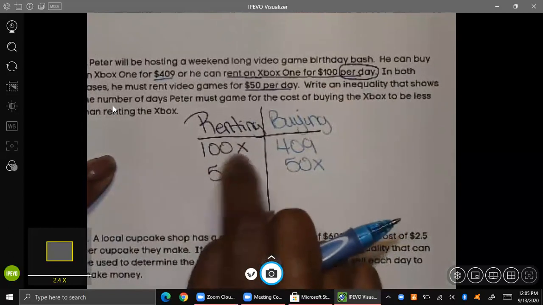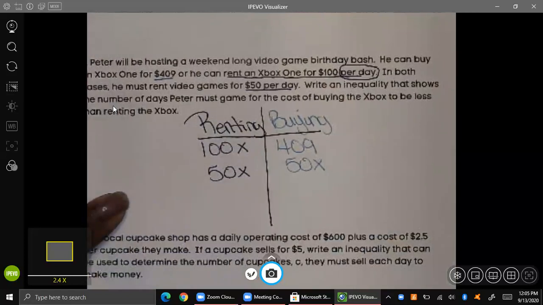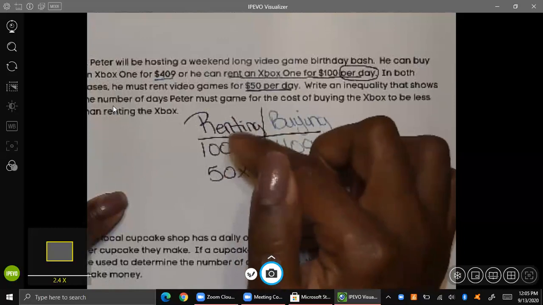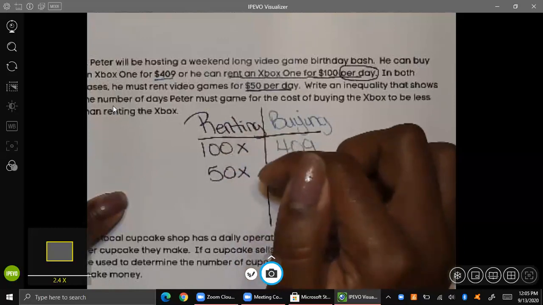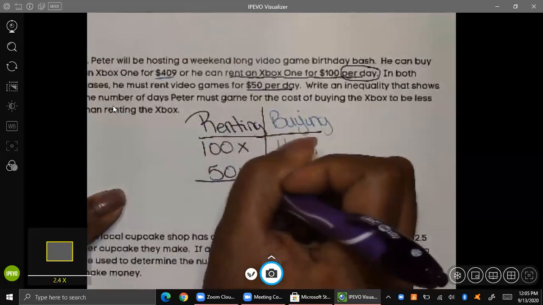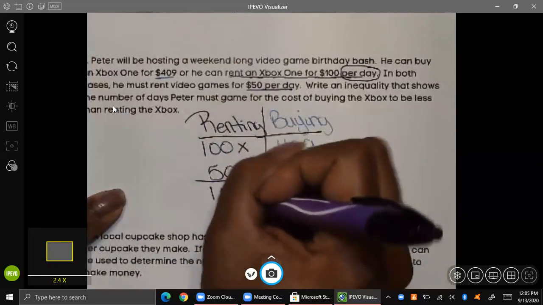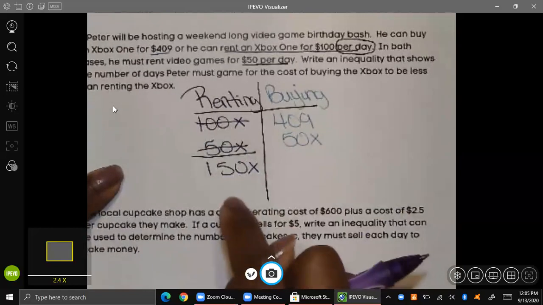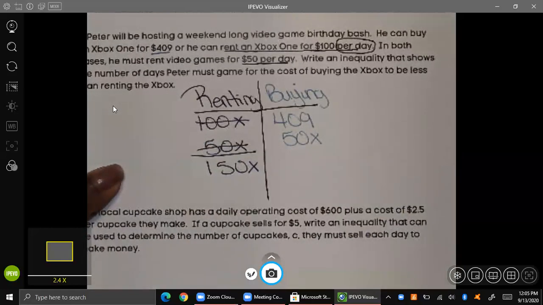So here we're going to go back to this earlier unit. We have two x's on this side, so we can combine like terms. So 100 plus 50 is 150x, and that takes care of that. We no longer have those, we just have the 150x.